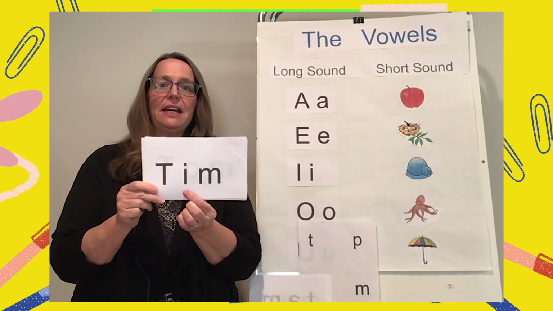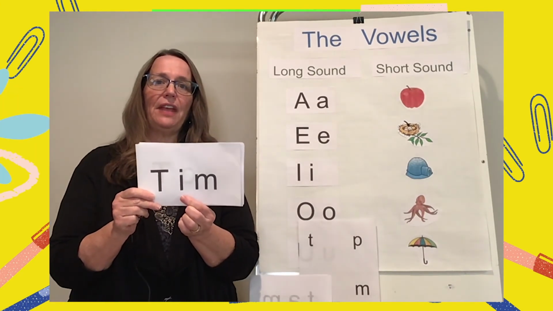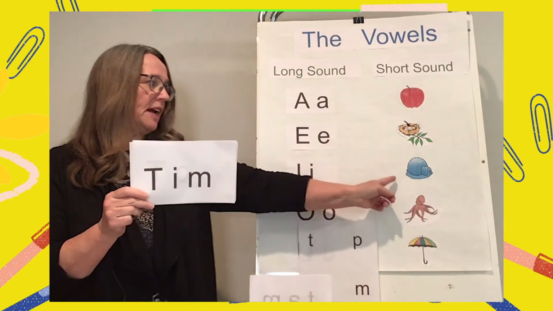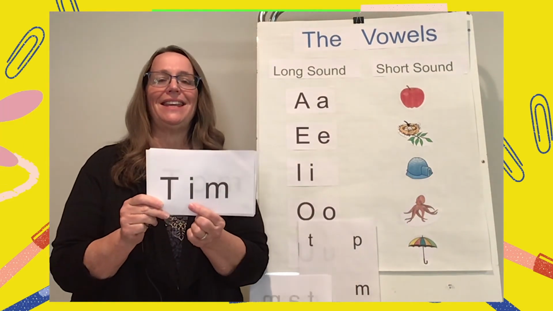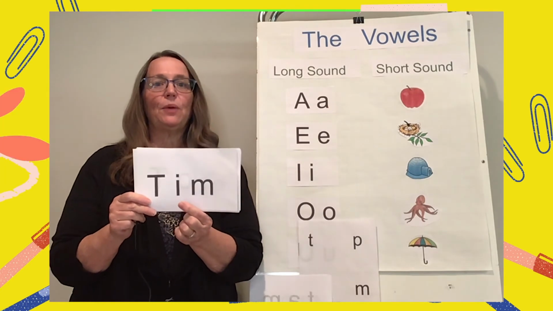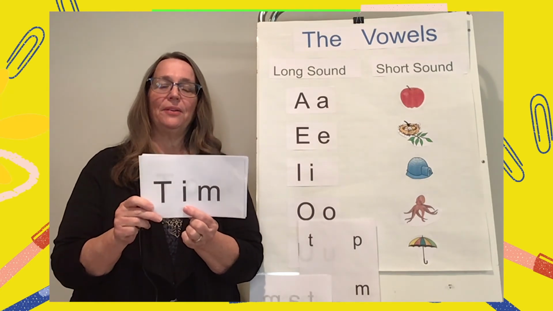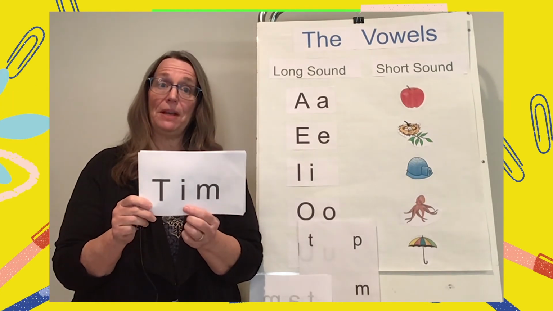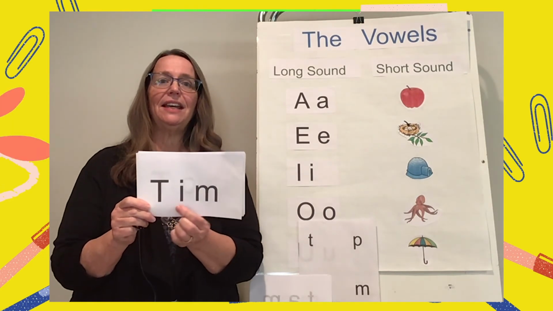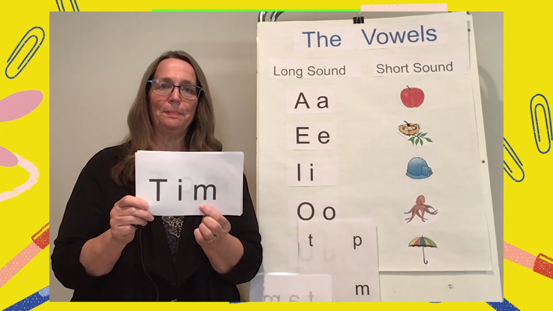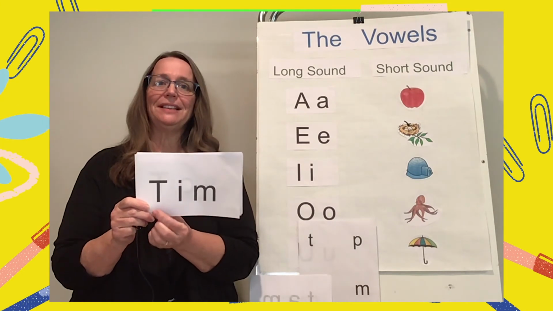Our next word has a different sound in the middle. Let's check on that. The short vowel sound for I is i. So we have the vowel and we're ready to go. I'm going to segment the sounds. T, i, m. Now you do it.